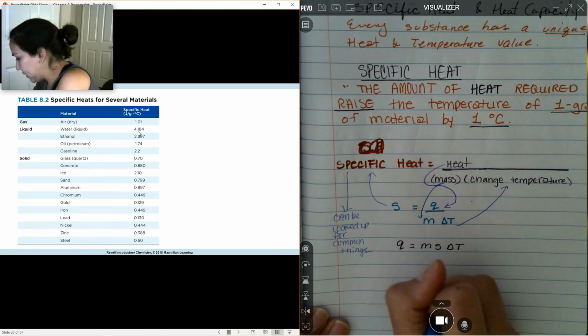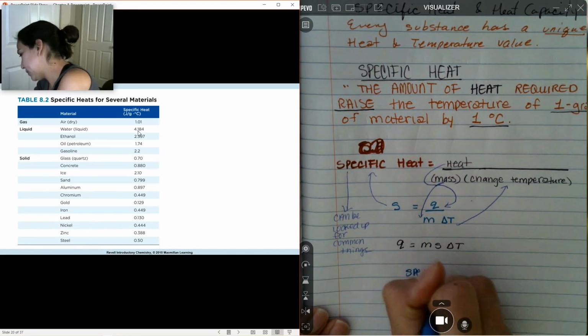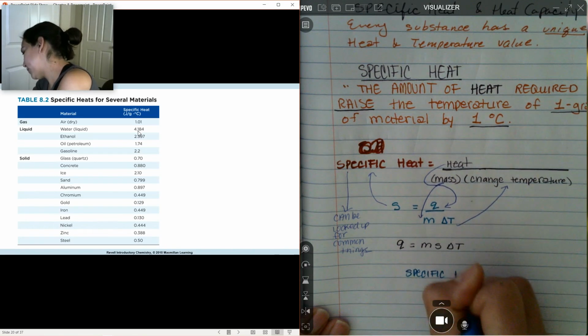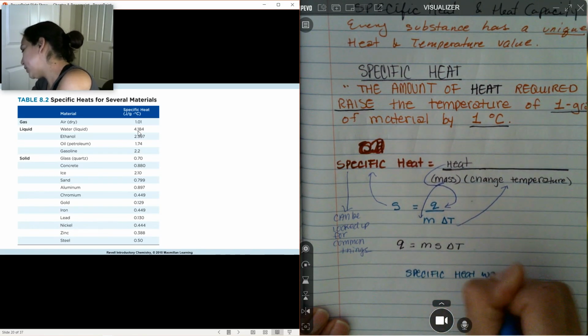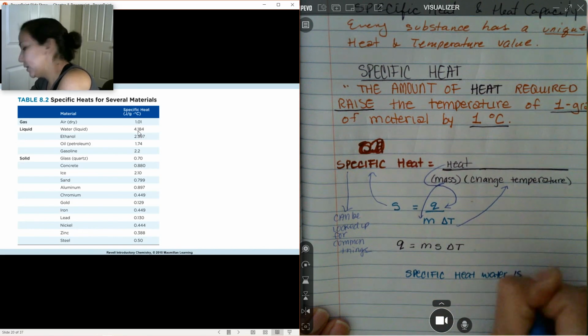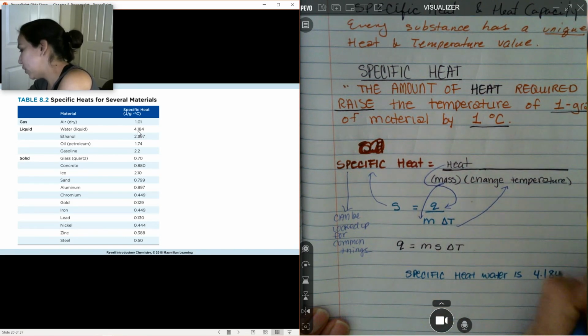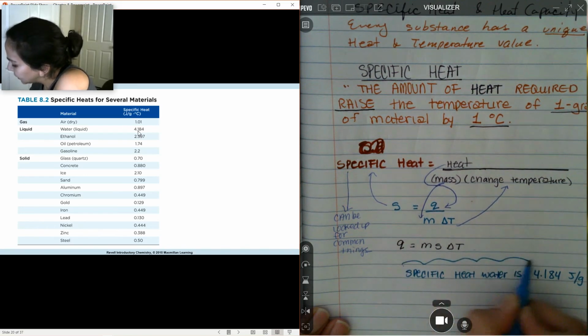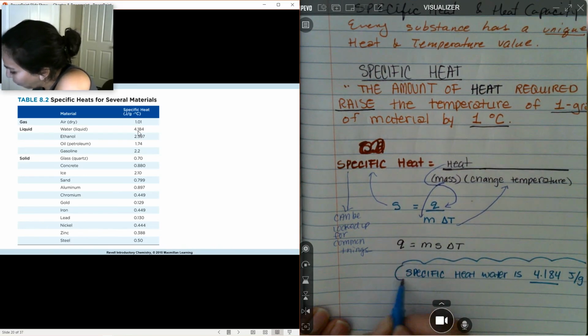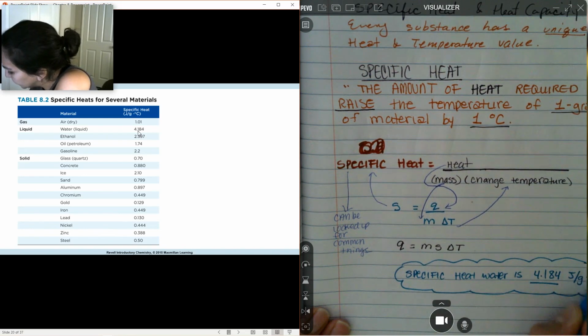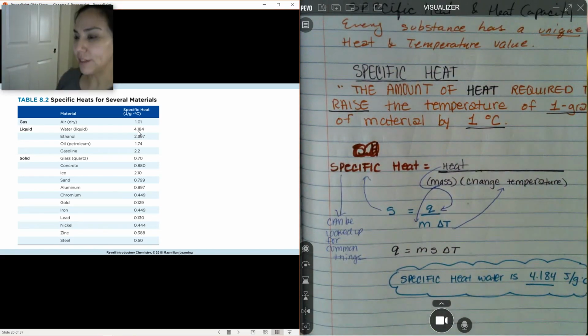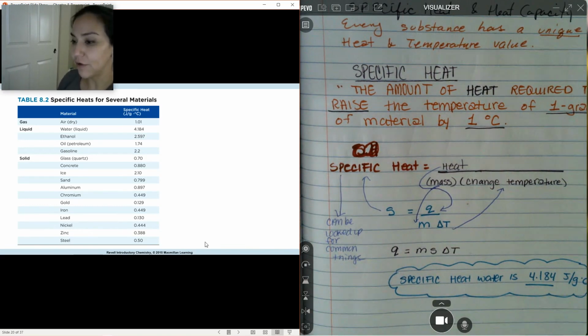So the specific heat of water is 4.184 joules per gram degree Celsius. And then the reason I tell you that that is an important number is because water is a universal substance that we use, and water is inside of us, and water actually controls the temperature of our climate, and it allows us to live in different climates.